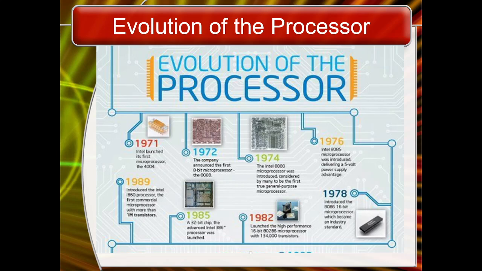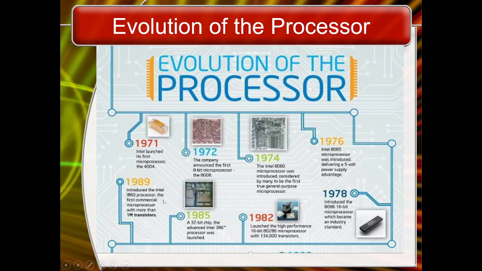In 1971 we have the first microprocessor, the 4004, then in 1972 the 8008, which was an 8-bit microprocessor. The Intel 8080 was launched in 1974, then the 8085 in 1976, then 16-bit in 1978, and the 16-bit 80286 in 1982. Then in 1985 we see a 32-bit chip.